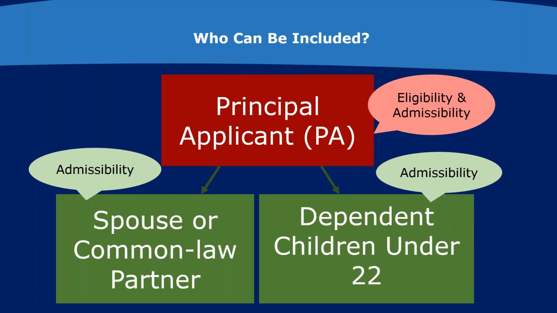Then it would be two separate applications: one for the mother who's a PA, father, 13-year-old son, and 19-year-old daughter, and another one for the 25-year-old daughter, and they will be linked to the PA's application, and a cover letter would be written.